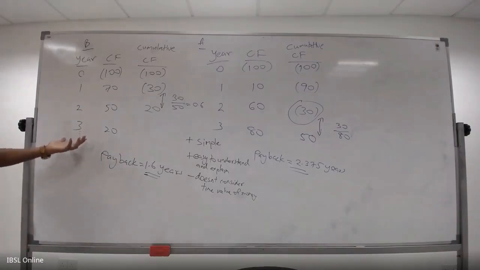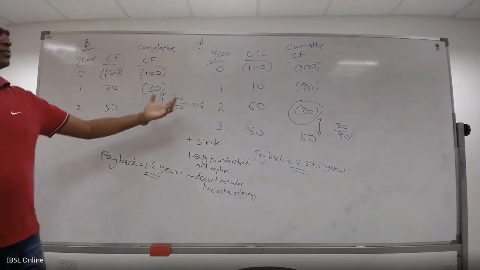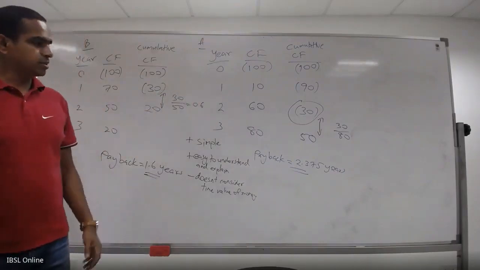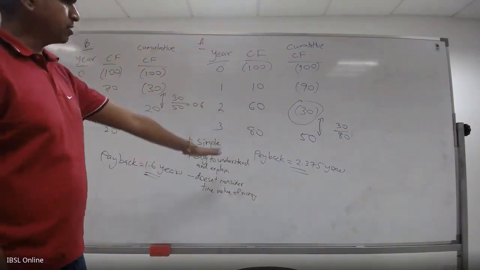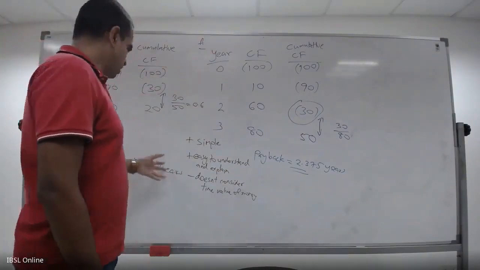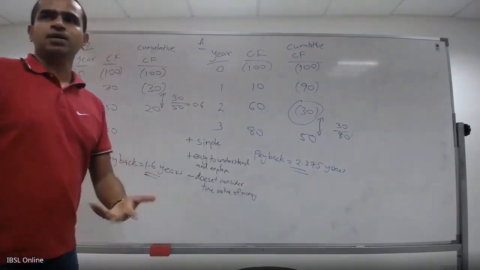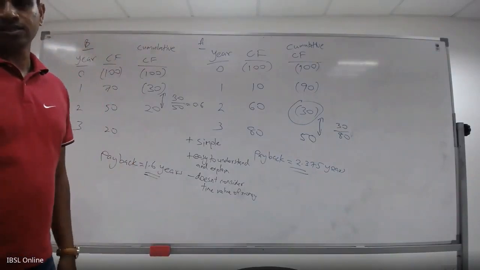For example, if B gives negative cash flows in the fourth year and A gives a positive 1,000 in the fourth year, you have still forgotten about A. You're only taking B. The cash flows received after the payback period are not considered.